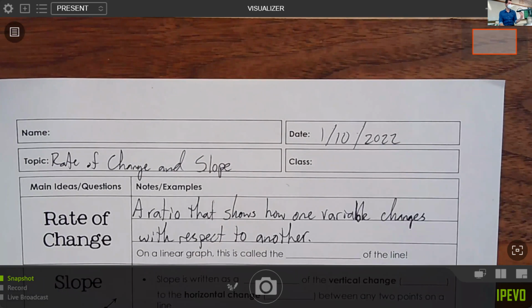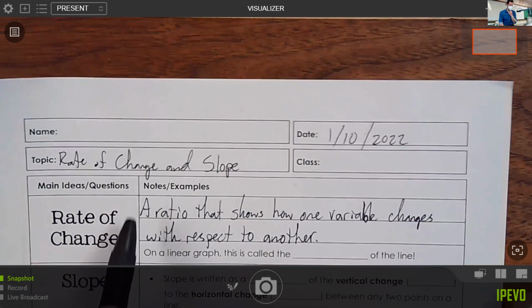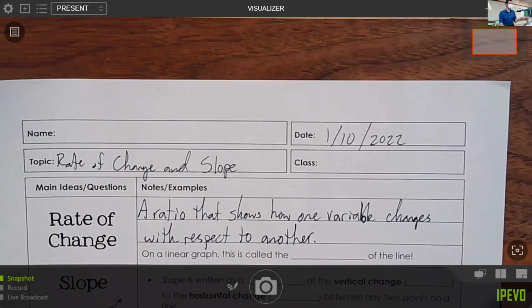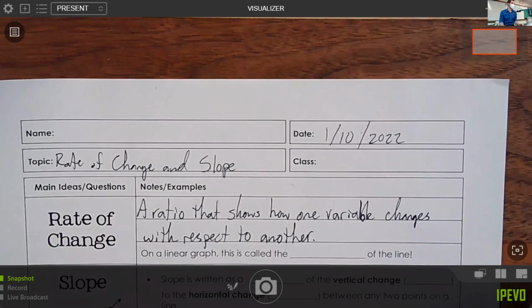First of all, a reminder on a ratio. A ratio is just a comparison of two numbers, and it's a fraction pretty much all the time. You'll see slope, rate of change written as a fraction. So most of the time, ratios are written as fractions. So that's all this word means here. It's comparing one variable with another. So we're talking about X and Y. Those are the two variables when we're graphing.